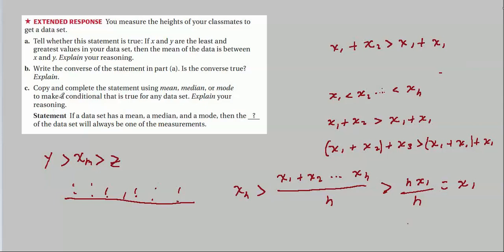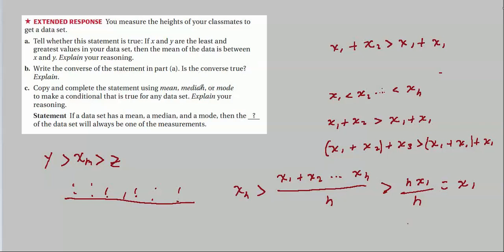Now for the last one down here, you have to remember what these things mean. Mean, median, and mode. Remember mean, that's where you add them all up and then divide by however many you had. The median, if you remember percentiles, is the 0.5 percentile. That is the point at which half the values lie above it and half the values lie below it.